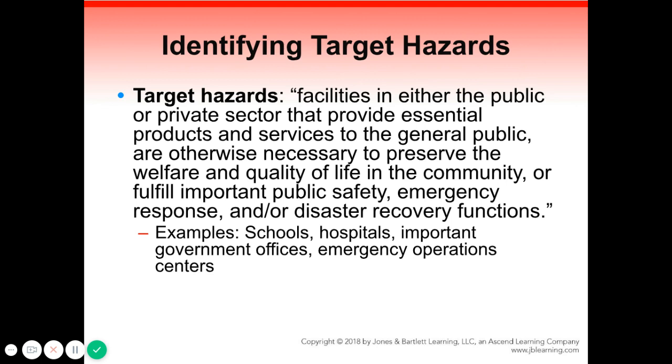Some examples of these target hazards are schools, hospitals, important government offices, your EOC, your Emergency Operations Center, your 911 Center. Those are all facilities in the area that provide essential products and services to the general public.